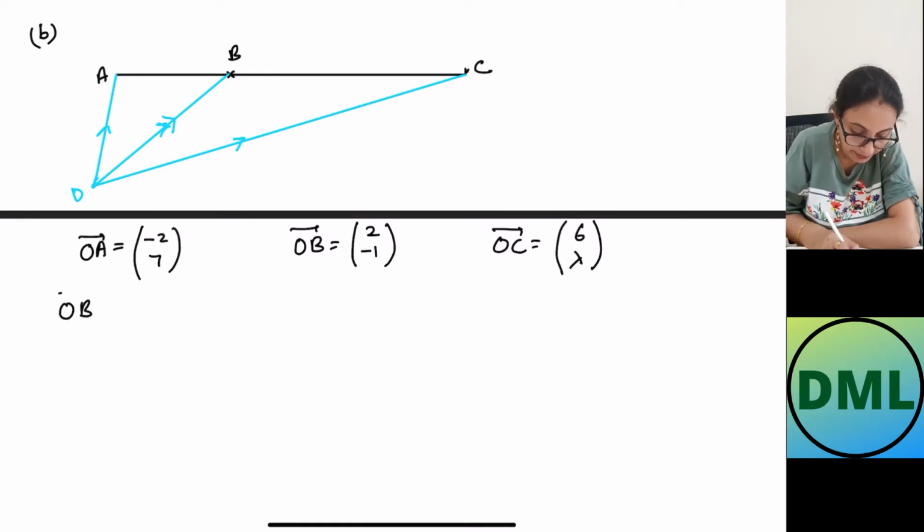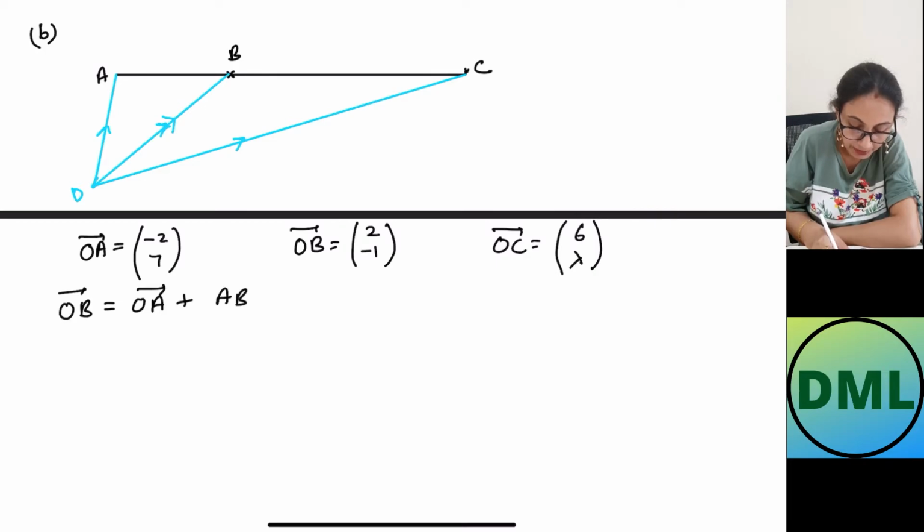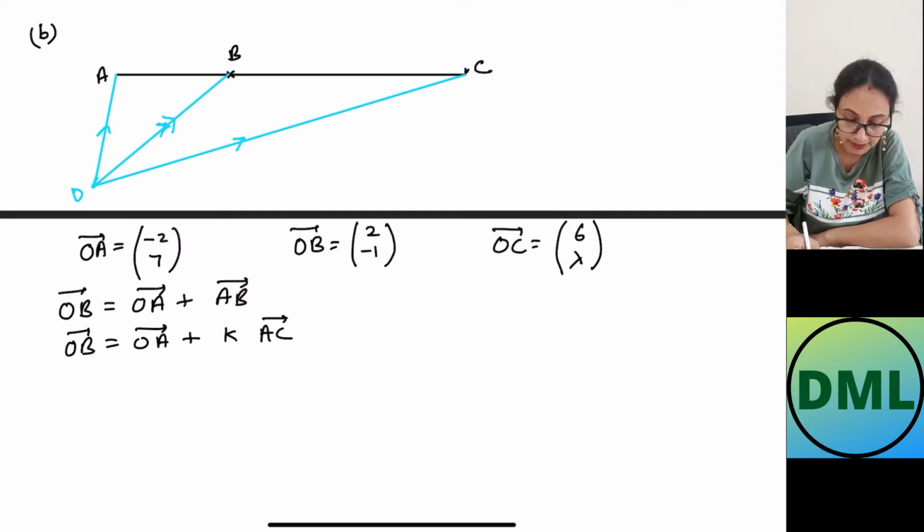So OB vector can be written as OA vector plus AB vector. Now I don't know in what ratio B cuts AC. So OB vector can be written as OA plus AB, which can be written as K times AC vector. I can't take the value lambda because I already have lambda in OC. So I took another constant K.